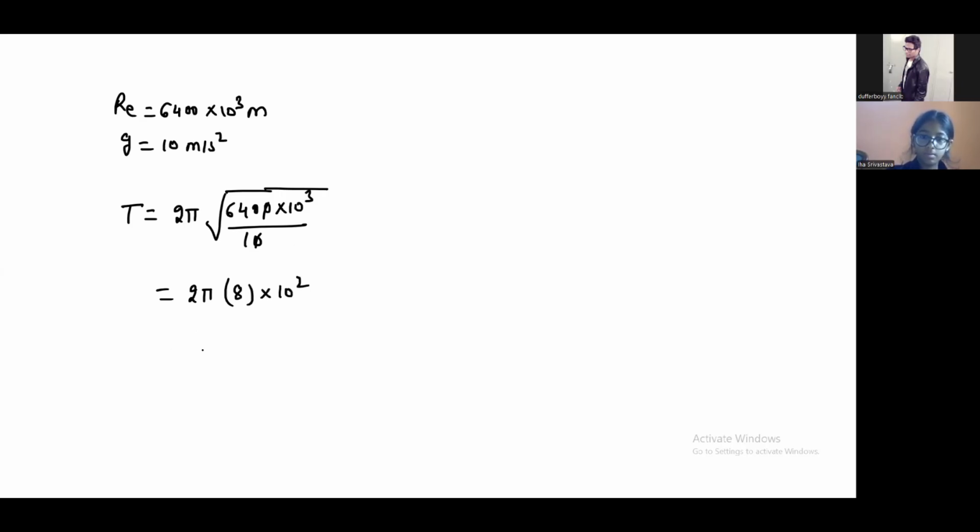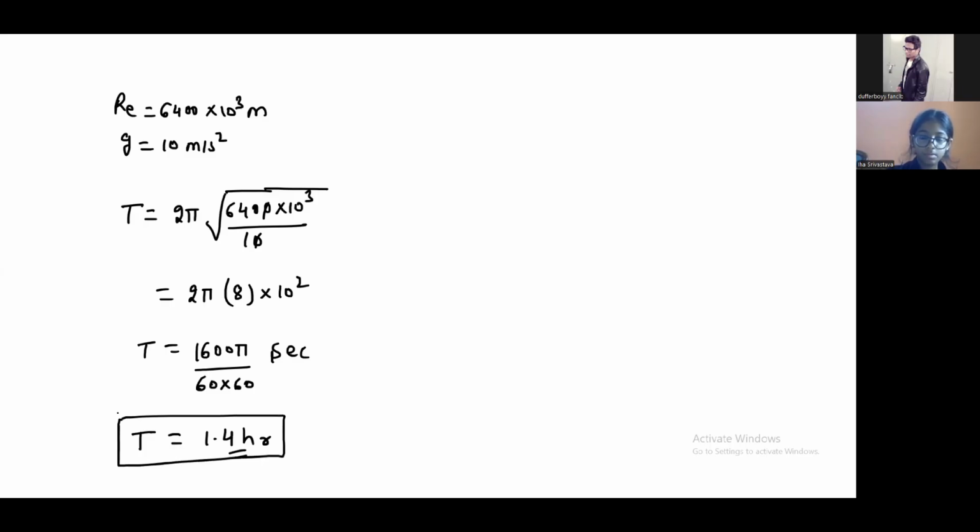So 1600 pi is the time period. This is in seconds. To get the value in hours, we need to divide the value by 60 twice, then we get around 1.4 hours. So we can say here, at the equator, the time period for weightlessness is 1.4 hours.